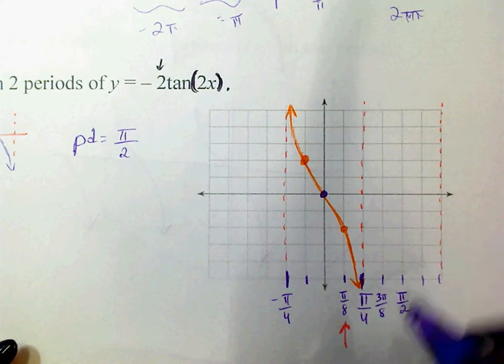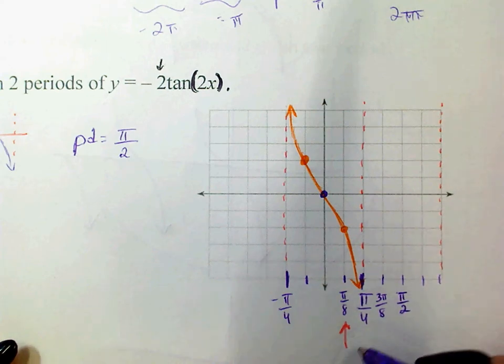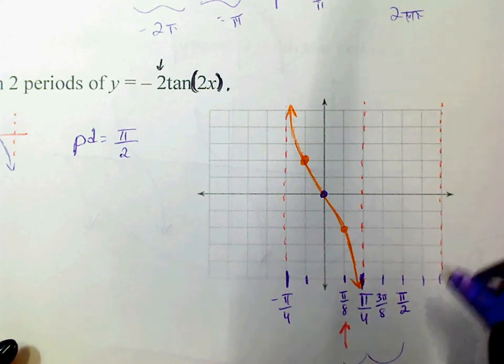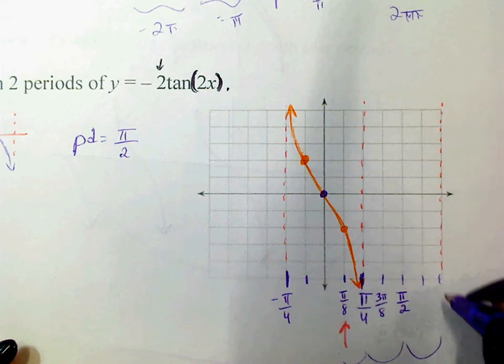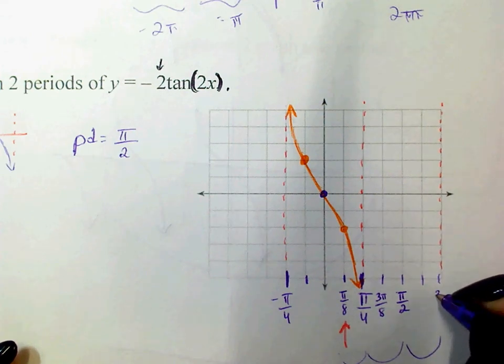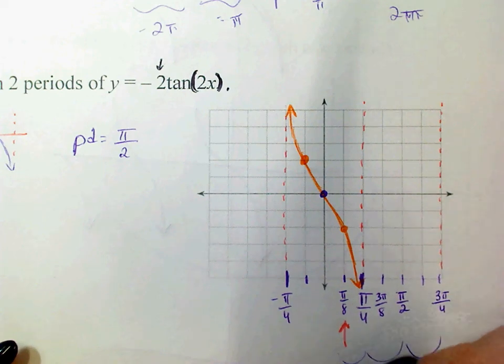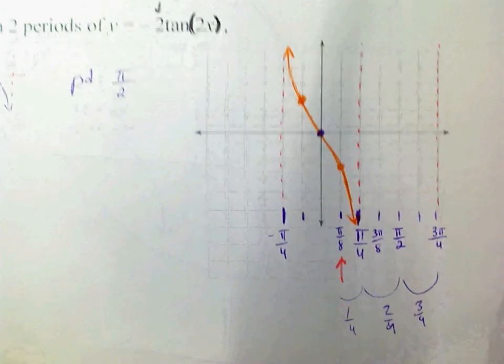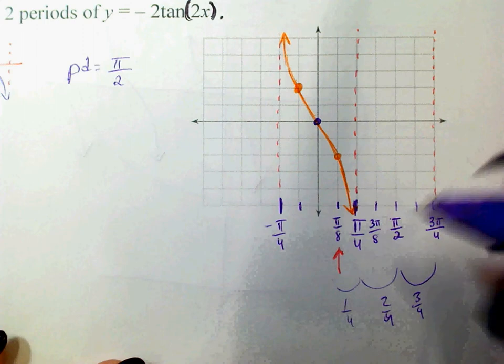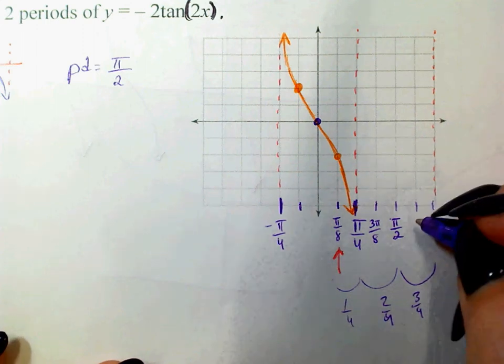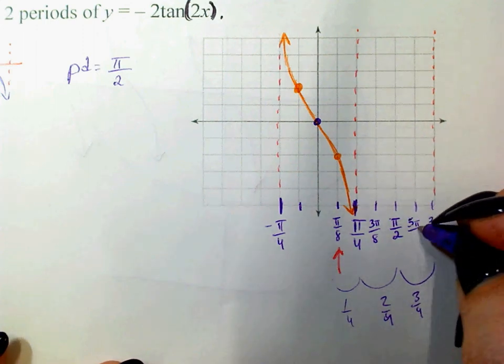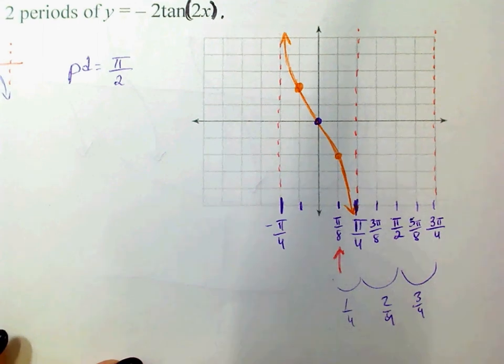So that means that last one is what? 3 pi over 4, 1/4, 2/4, 3/4. Yeah? But anyway, what's the fifth one? Over 8? Okay. I asked you to graph 2 periods of it, so I would expect to see another one. And then there we go.